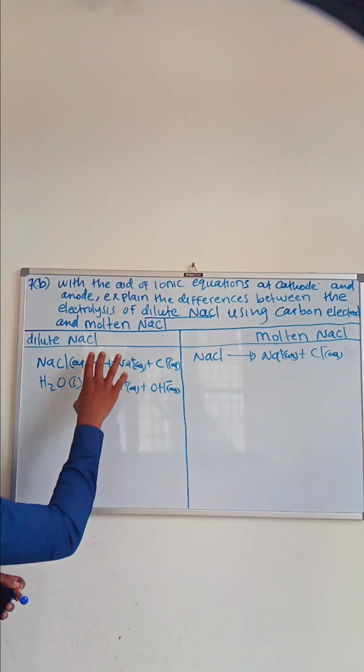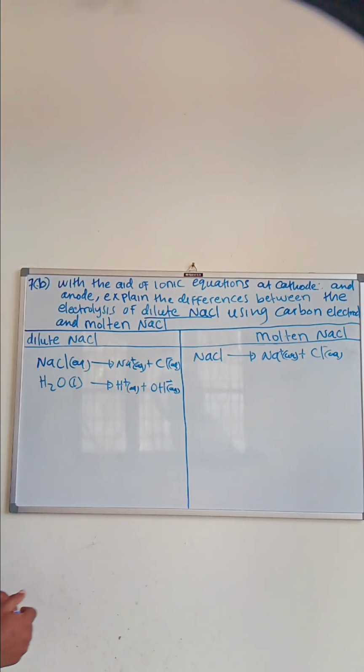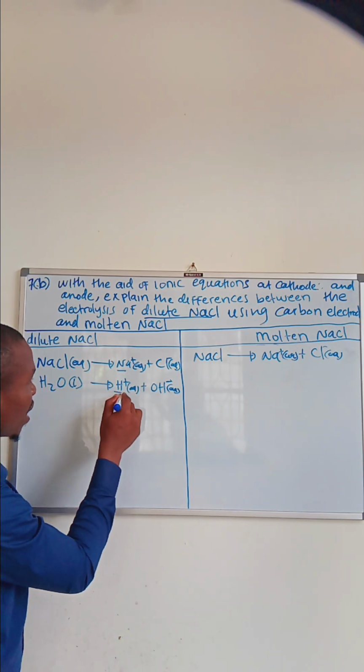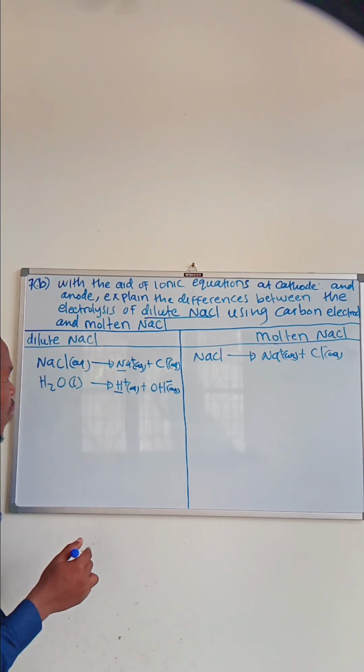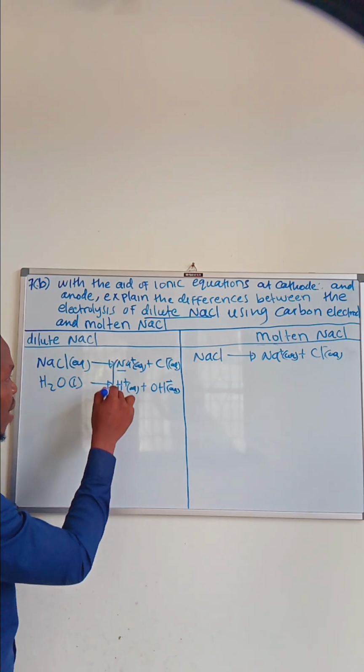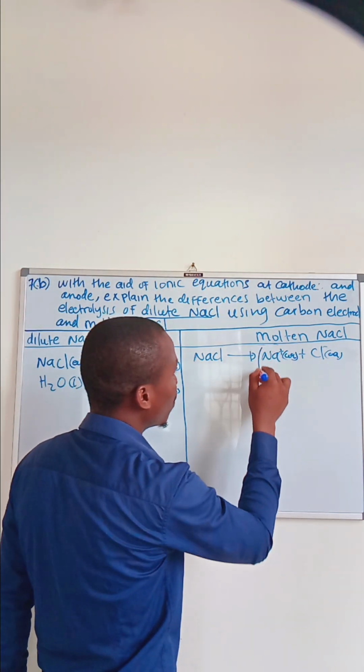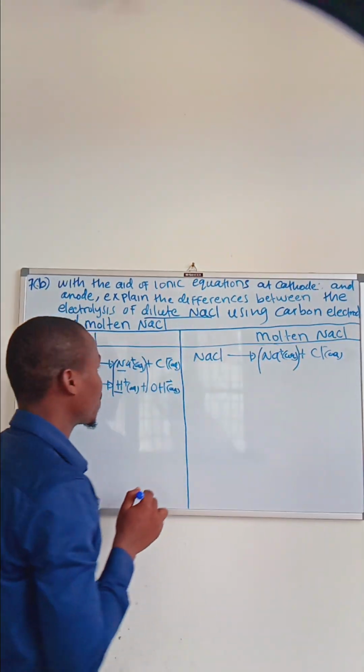So based on this dissociation, we have sodium and hydrogen as cations for dilute sodium chloride, and for molten, we have only sodium.